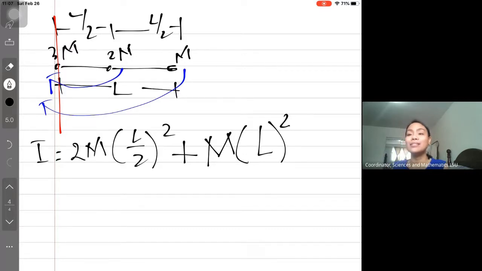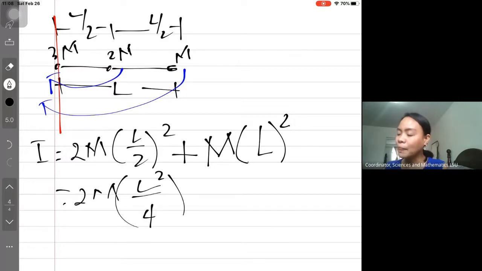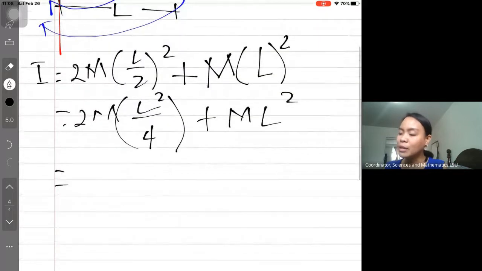So that will be the distance: m is here, so the distance from m to our pivot point is L. Now, computing, 2m times L squared over 4 plus mL squared. 2 over 4 is actually 1/2, plus 1. 1/2 plus 1 is 3/2.